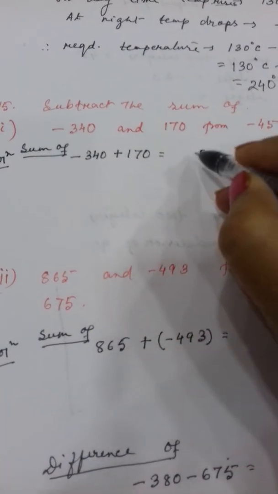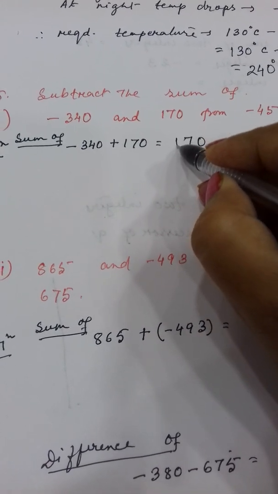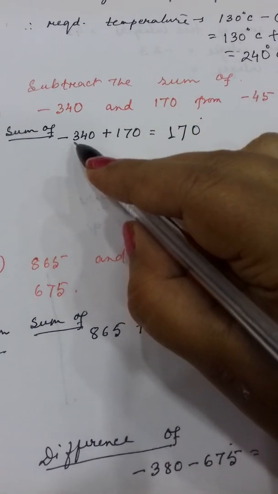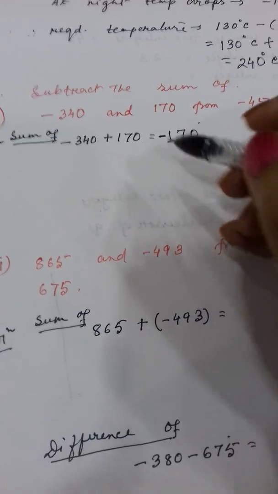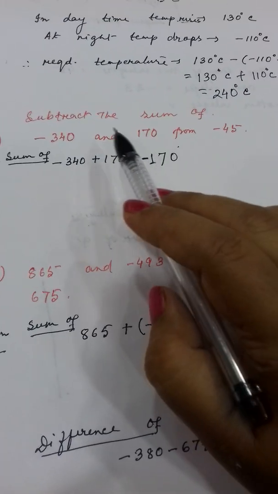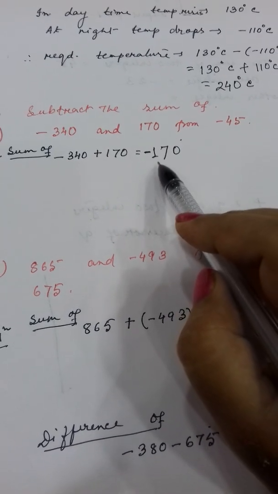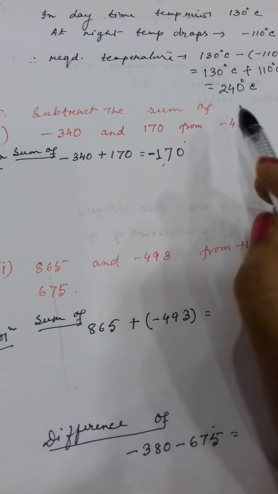So 10 minus 0, 4 minus 7 needs borrowing, the answer is 170. And 340 is negative, that's why it will be minus sign. Clear? Now what you have to do? Subtract the sum of these two from minus 45. Now this required answer, you have to subtract from minus 45.